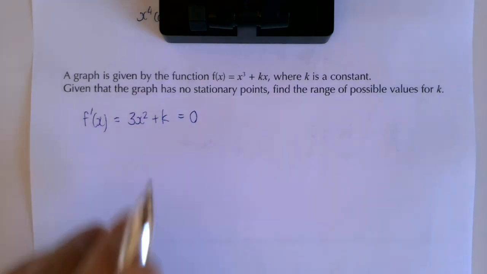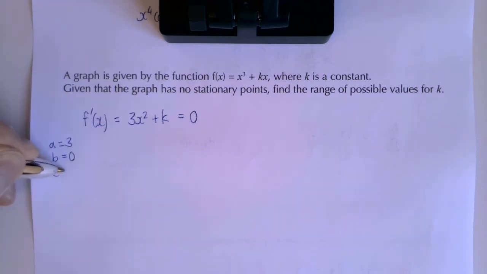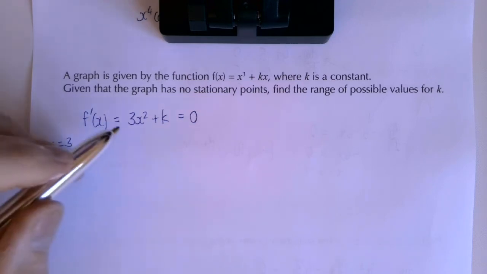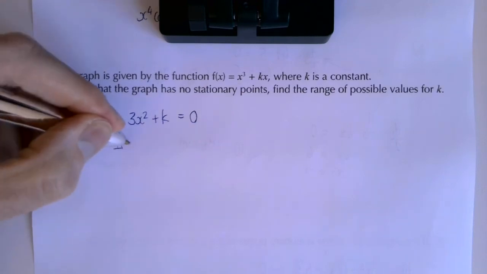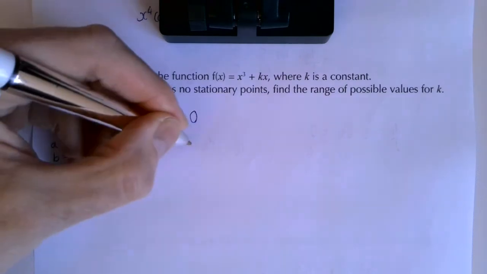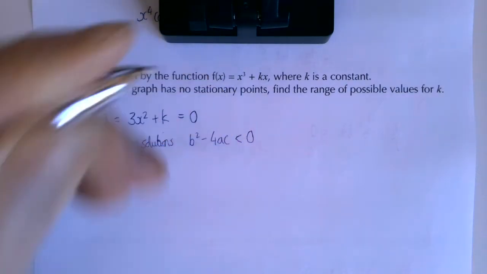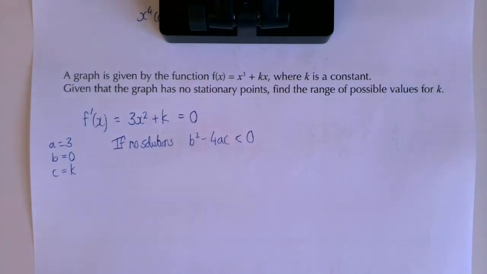This is a quadratic where a is 3, there is no b, there's no x term, and c is equal to k. What do I know about quadratics that have no solutions? Well, I know that their discriminant will be negative. So if I've got no solutions, I know that b squared minus 4ac must be less than 0.